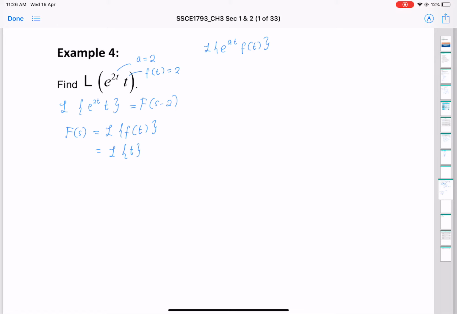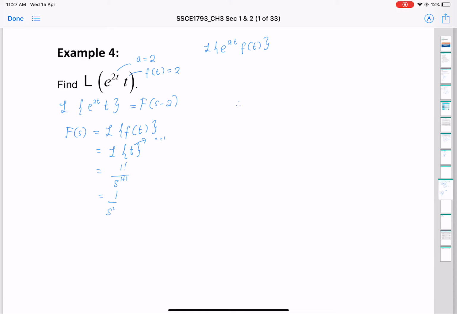Okay, so by the table, you can refer to the table. t is t to the power of 1, so n is equal to 1, so it will be 1 factorial divided by s to the power of 1 plus 1, equal to 1 over s square.